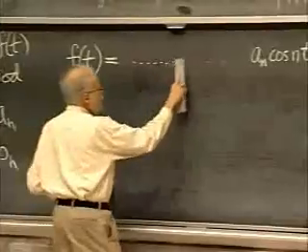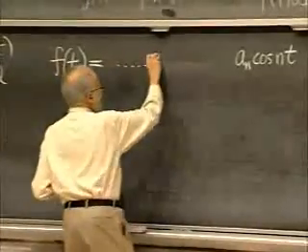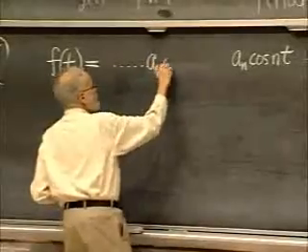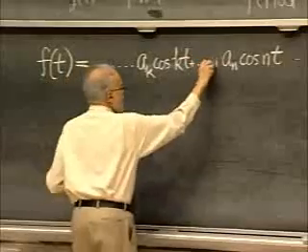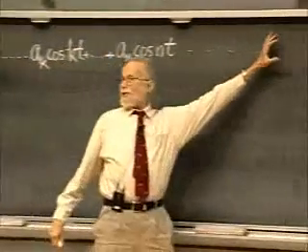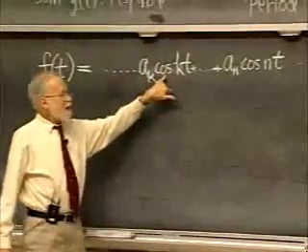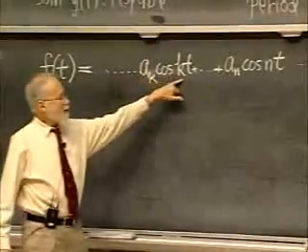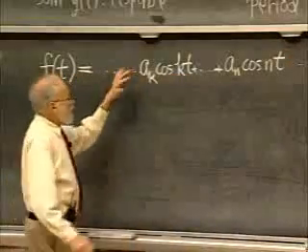And now, to make the argument, I've got to put in one more term here. So I'm going to put in AK cosine KT. I don't mean to imply that that comes first, or K could be more than N, in which case I should have written it here. I could have also used equally well BK sine KT here, and I could have put it there. You know, this is just some other term.